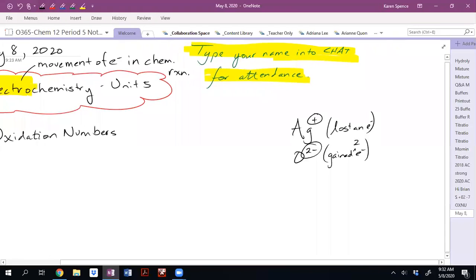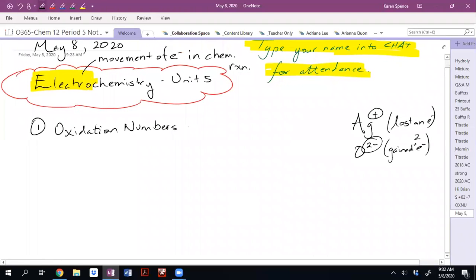We're going to be looking at a thing called oxidation numbers, which are like charges on ions, but we can use them for all atoms in all kinds of substances, even in covalent substances.